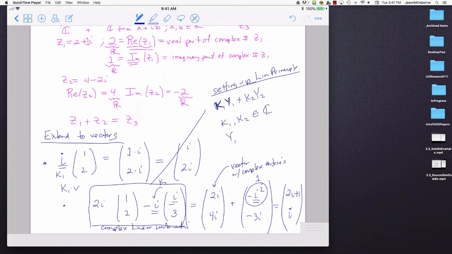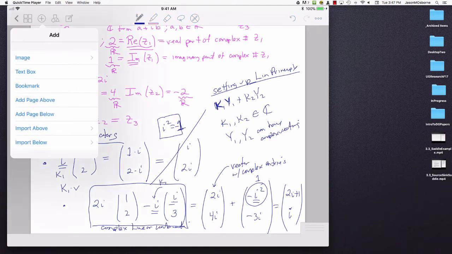And we're also setting up that y1 and y2 can be complex vectors. Okay, so the same processes happen. You just have to be able to deal with the key idea that i squared is the number -1. Okay, so that's some of the first complex arithmetic we would need to remember.